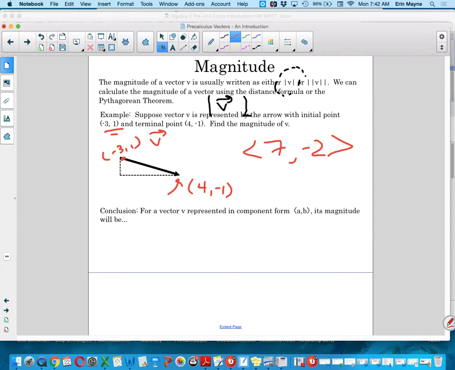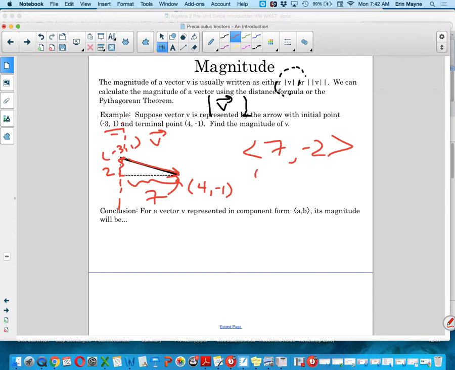But when I talk about magnitude, I want to talk about size. And so if you consider this a triangle where I have a size of 2 and a size of 7, in your gut, you likely know where this is headed. How would I find the size? I would simply use the Pythagorean theorem.